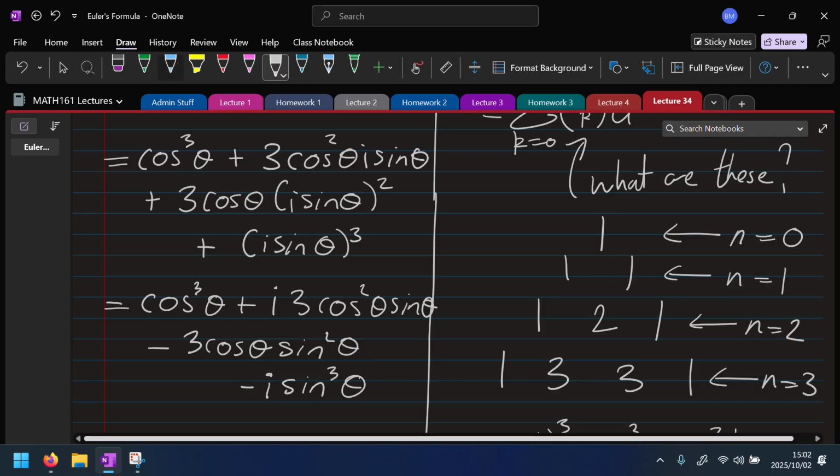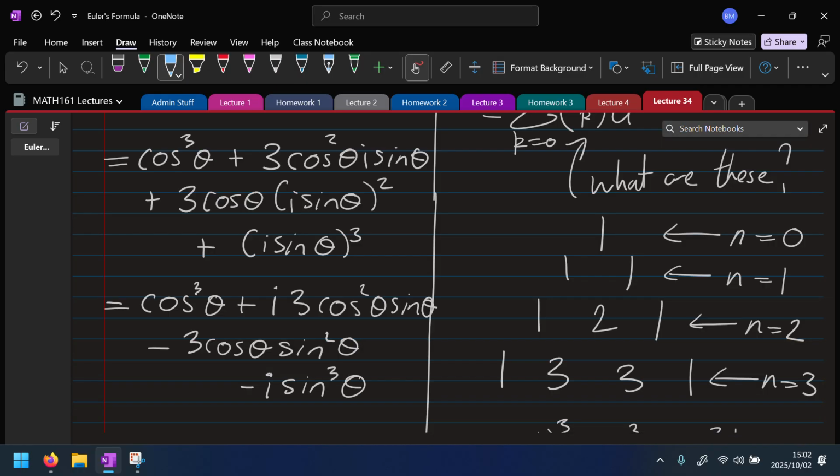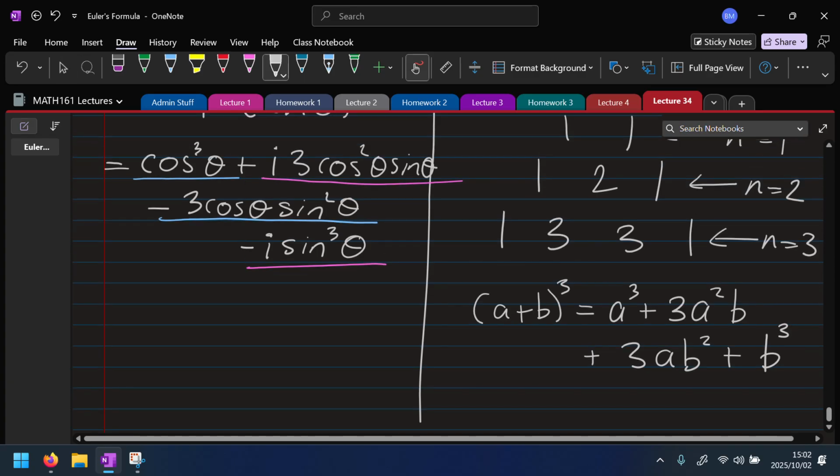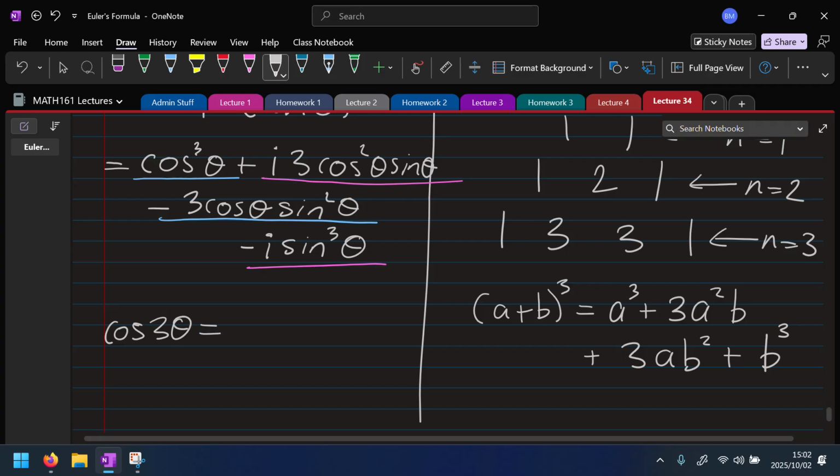Yeah. So let's look at the real parts and the imaginary parts. So this is the real part there, along with that. The imaginary parts will be the ones with the I. So that will be this and this. Okay, so finally, cos 3 theta, that will be the real parts because it's cos.